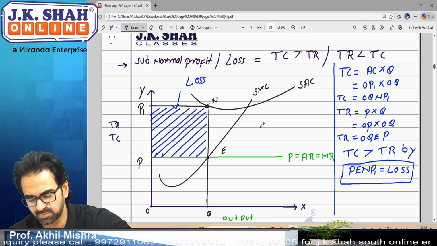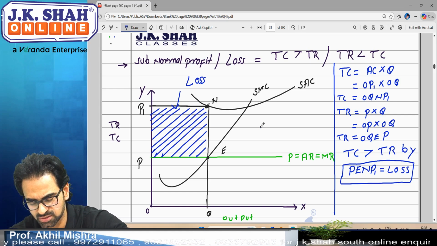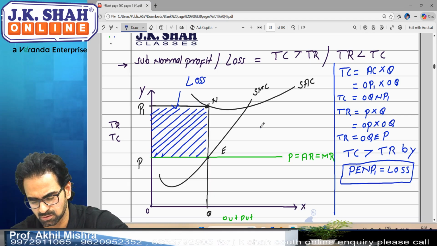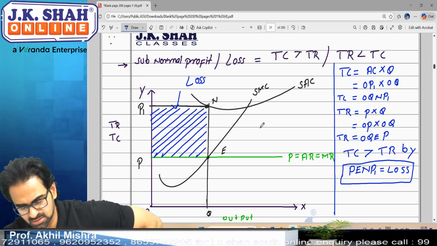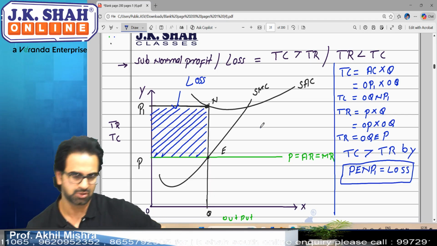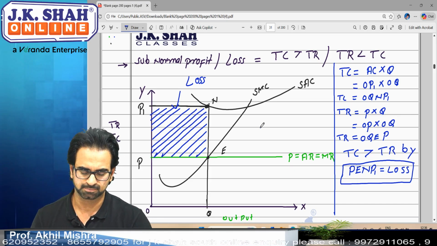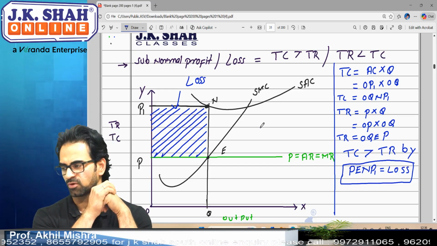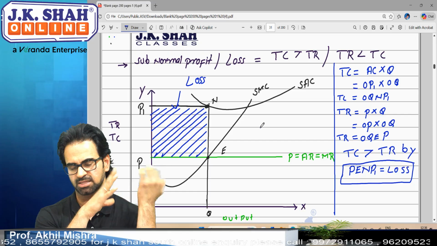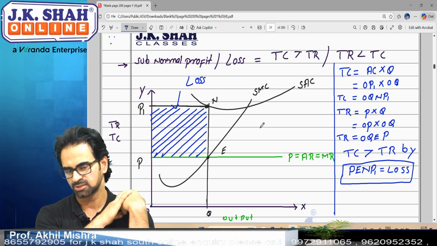So when you decrease the price of the commodity, of course your sales will increase. Understand? Your sales will increase, but at the same time, when you have decreased the price, your profit margin will fall, correct? So when your sales are increasing, at the same time your profit margin is decreasing per unit.